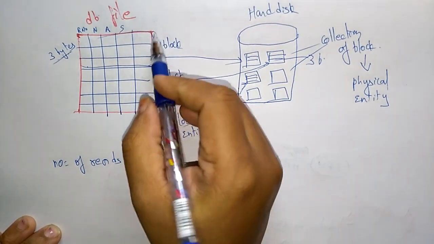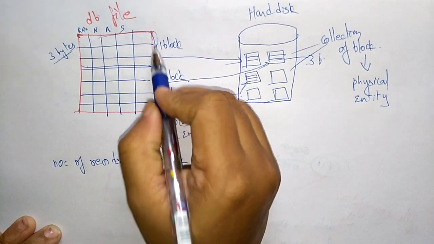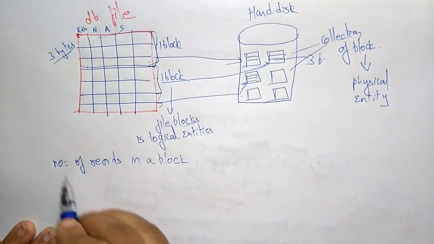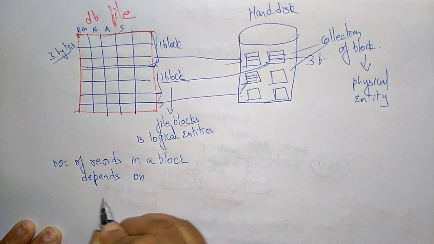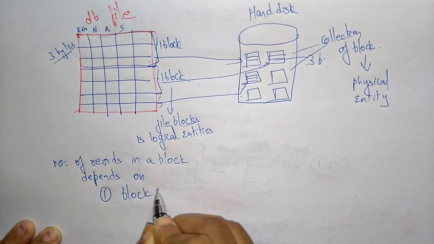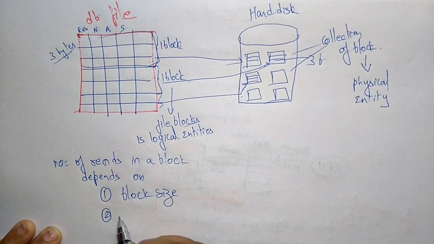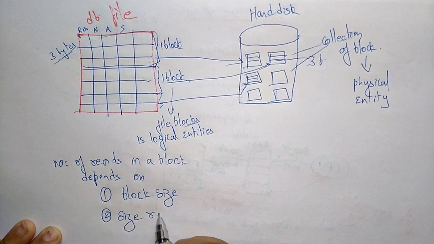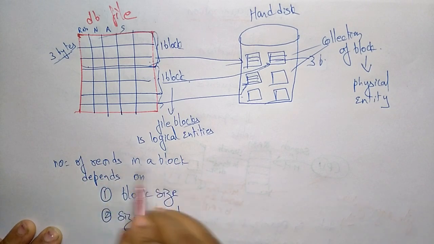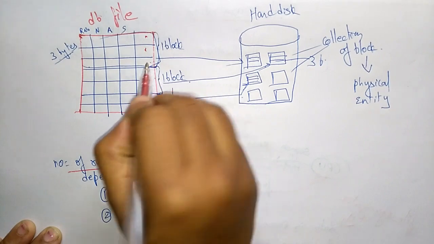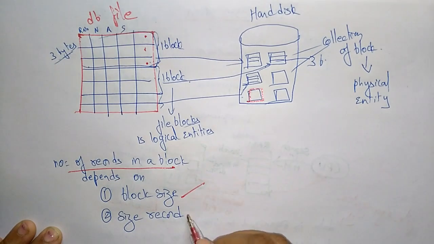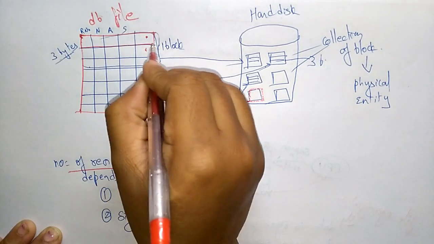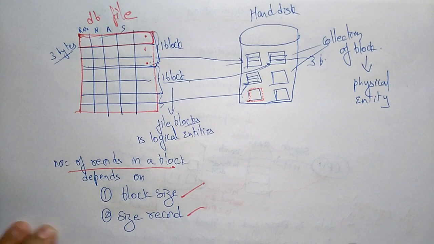Here the number of records in a block is 3. In each block you have 3 records. This depends on two things: 1, the block size, and 2, the size of the record. So the number of records in a block depends upon the block size and the size of the record. That you have to note.